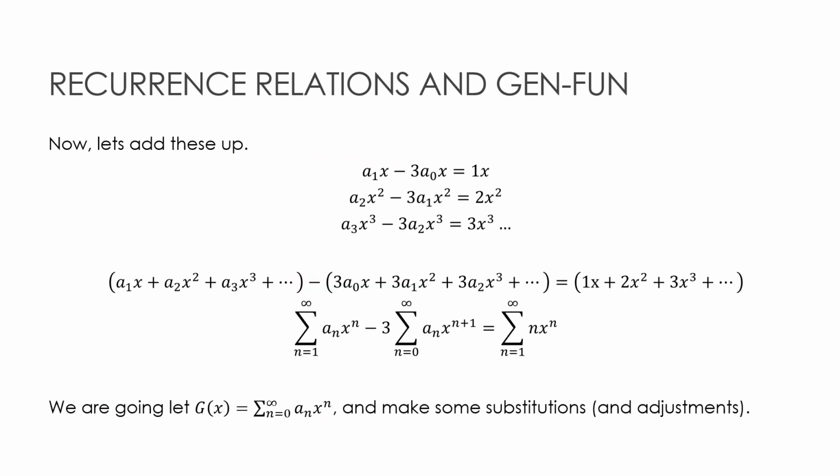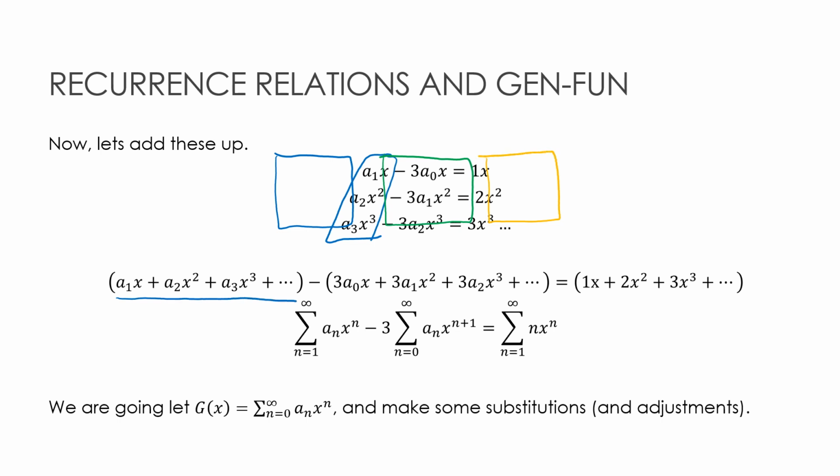What I'm going to do next is add these up. And we looked at this before, and when we did this before, it was kind of nice because things canceled out. That's not what we have, unfortunately, in this case. So what I'm really just going to do is combine all of these terms, and that can be written here as a sub 1 x plus a sub 2 x squared plus a sub 3 x cubed, etc. It goes on forever.